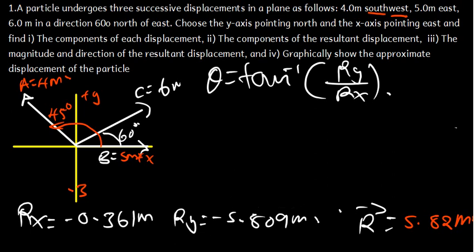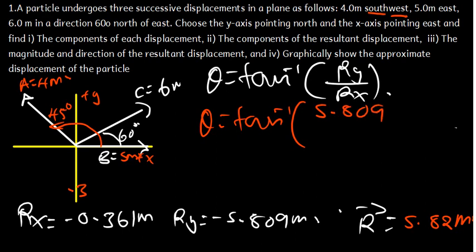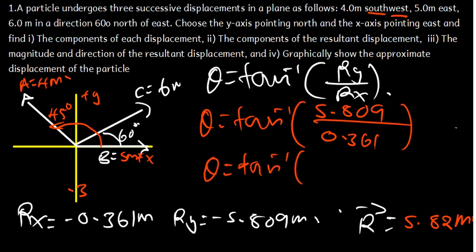So we have theta equals tan inverse of ry over rx. We just ignore the negative. Don't include the negative when plugging in the values. So we're going to say shift, then tan inverse.